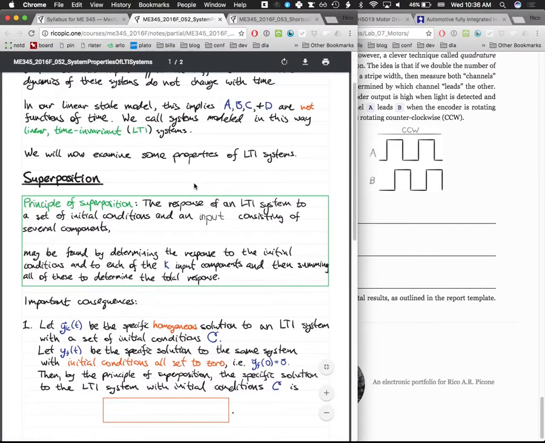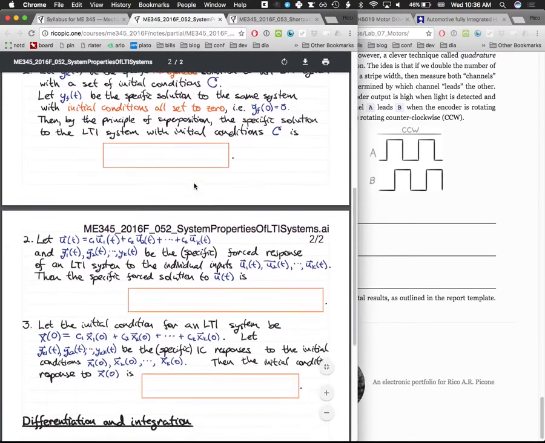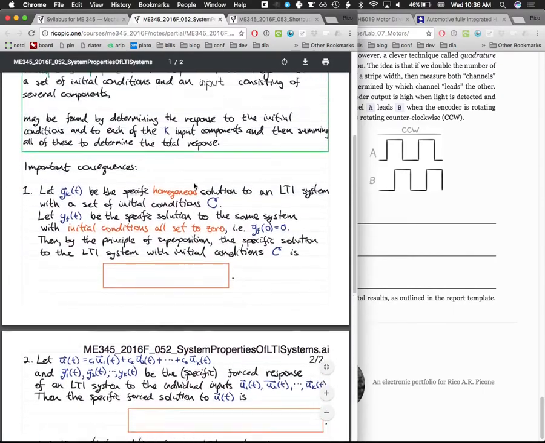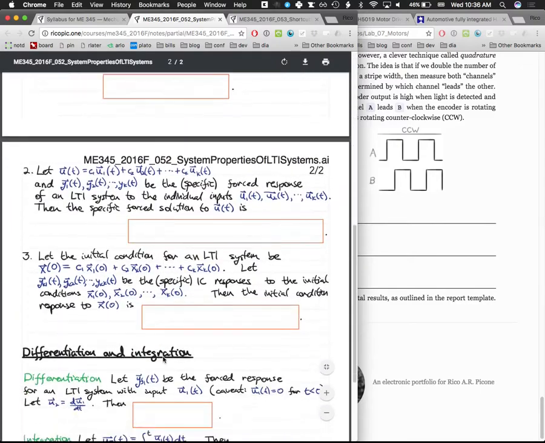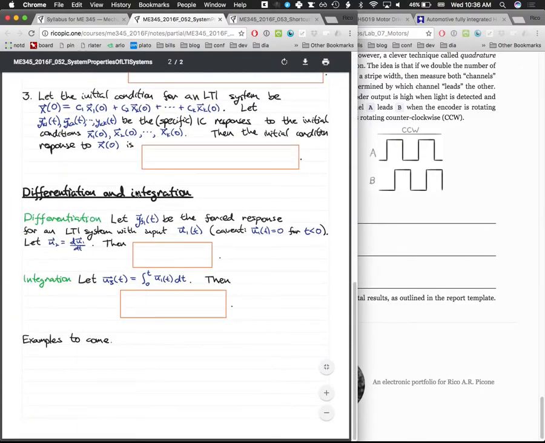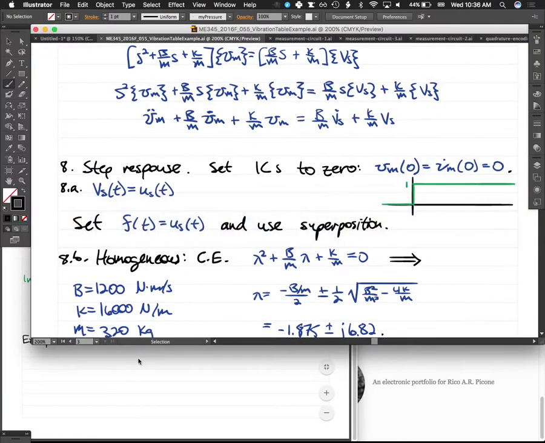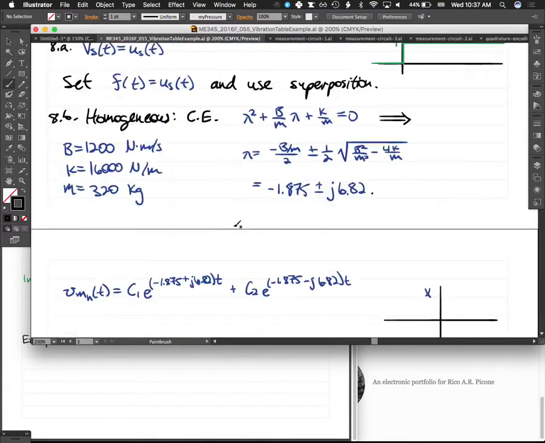Okay. So you guys remember this set of notes? This was where we did all the superposition stuff, and this is where we did this differentiation thing. So this is where it is in your notes, a point of reference for you. Take the derivative of the input, just take the derivative of the output.